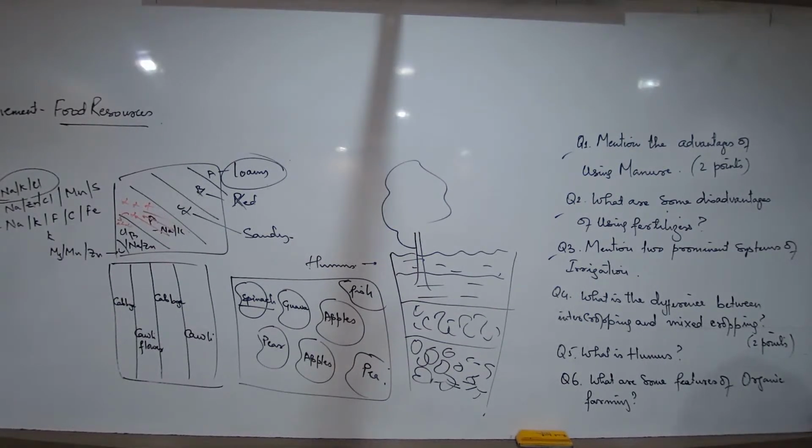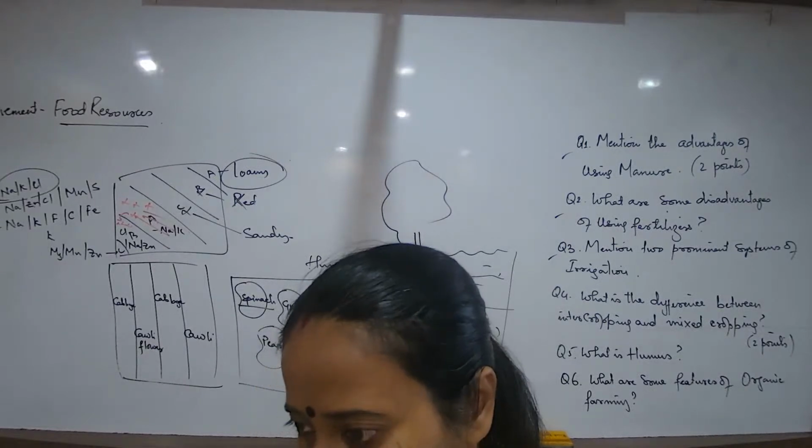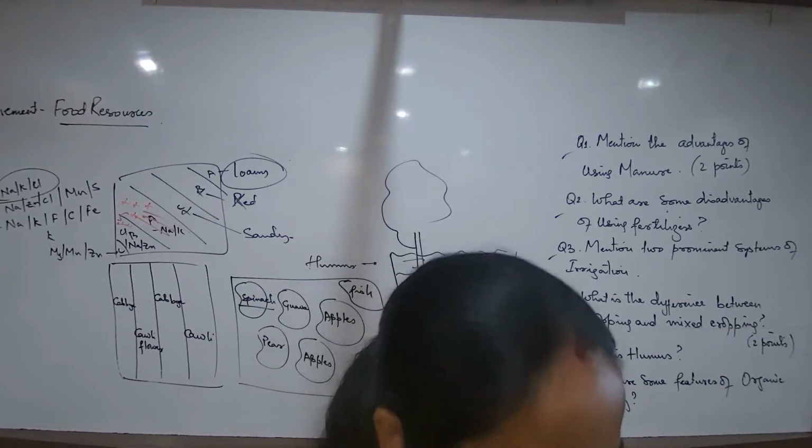So that is the blackish layer. So decomposition of plant and animal matter. Now, matter, M-A-T-T-E-R. Matter around us.